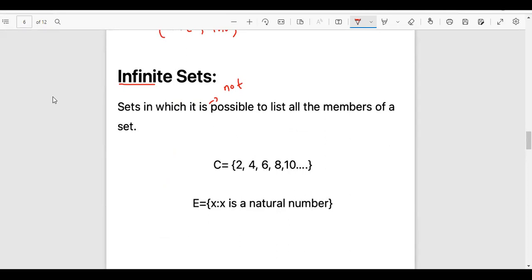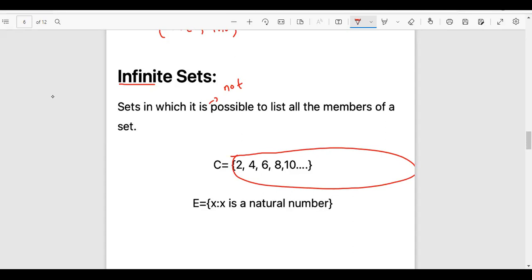For example, if we want to talk about all the even numbers in maths, 100 is an even number, 1000 is an even number, 10,000 is an even number, 1 lakh is an even number. You can go on till infinity. You are not sure about the last number, so you cannot list all these. That is why it is considered to be an infinite set.